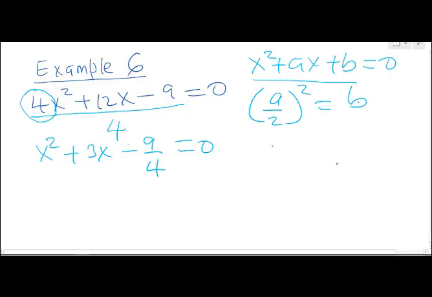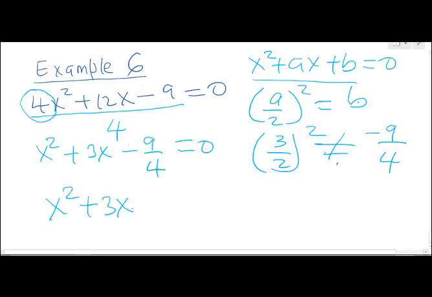We check that, and we have 3 over 2, everything squared, is not equals to minus 9 over 4, meaning that our expression on the left hand side is non-perfect. So what do we do? We move the term that is making it non-perfect, that is the constant term, and we get x squared plus 3x is equals to 9 over 4.